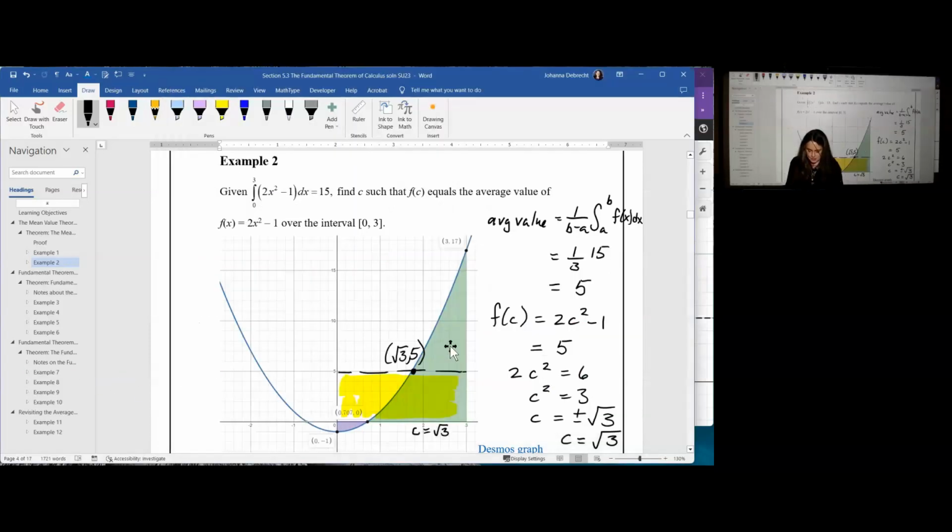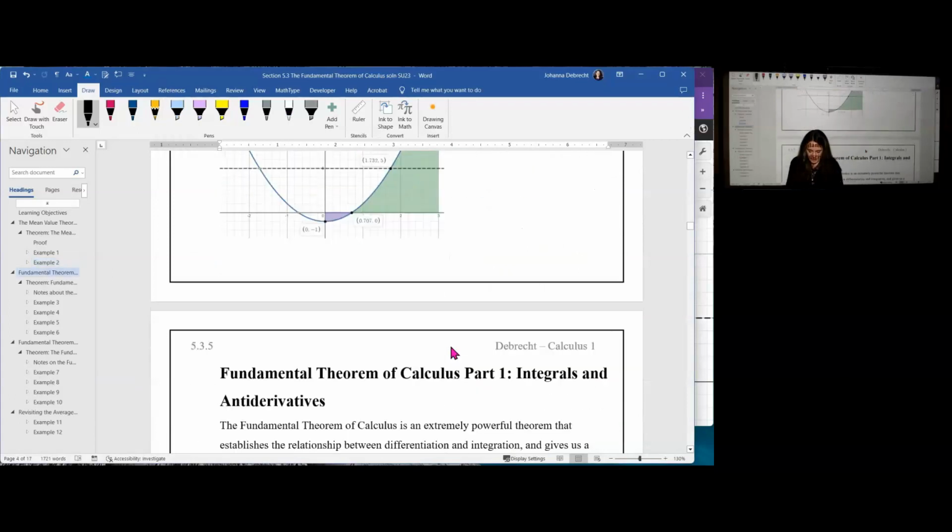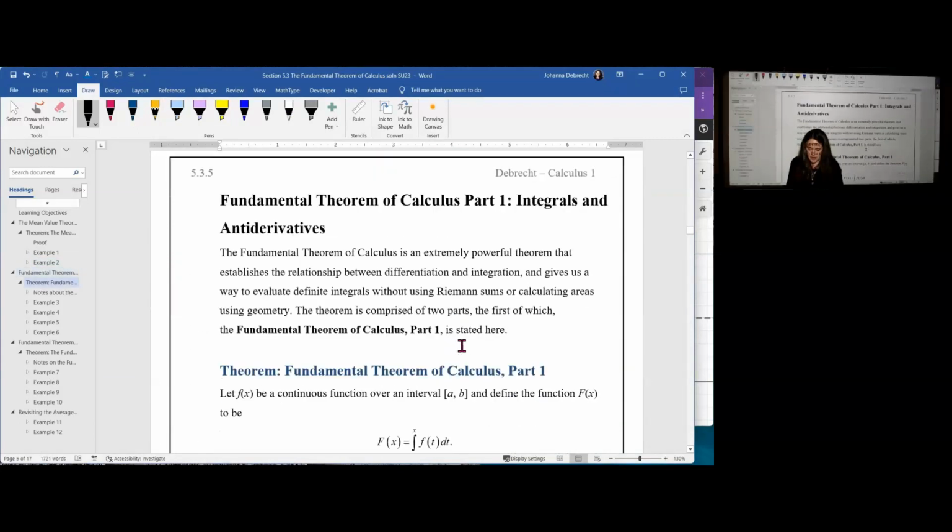It's now time to go ahead and talk about the Fundamental Theorem of Calculus, part 1. Part 1 is the part that deals with the integral and antiderivatives. Keep in mind that anything called the fundamental theorem of has to be pretty important.